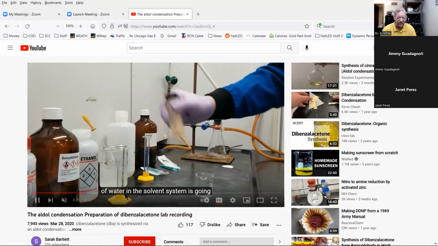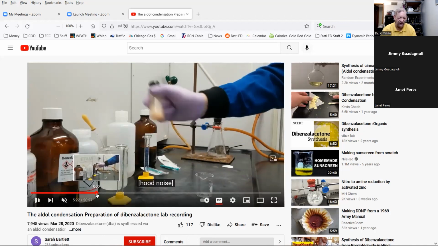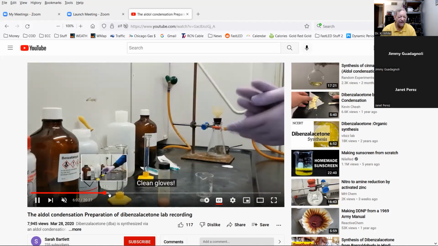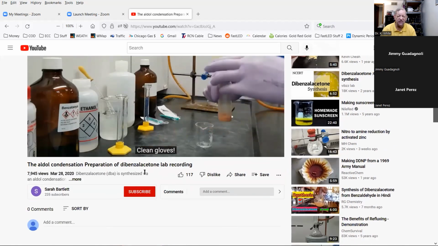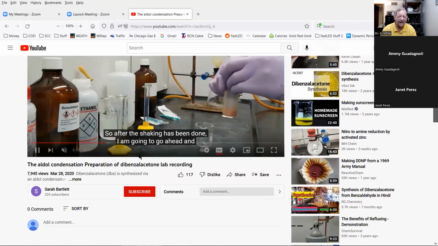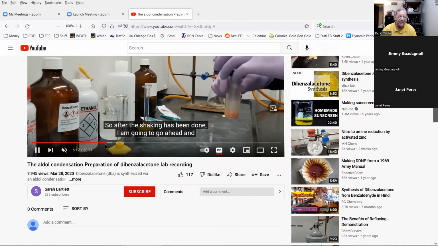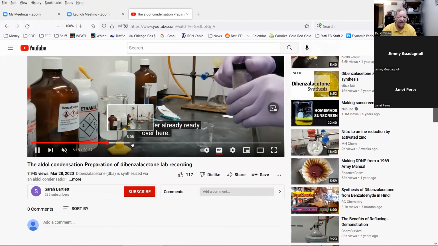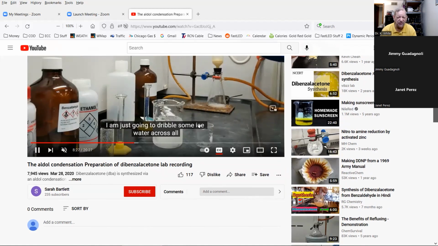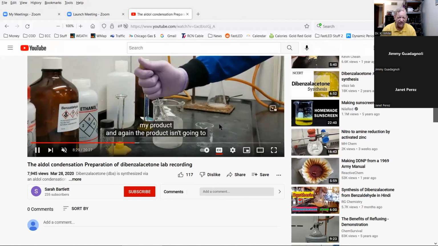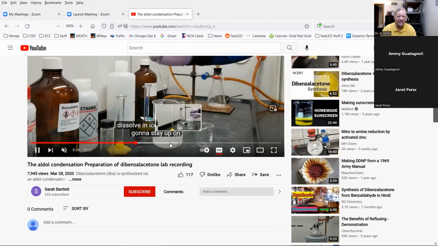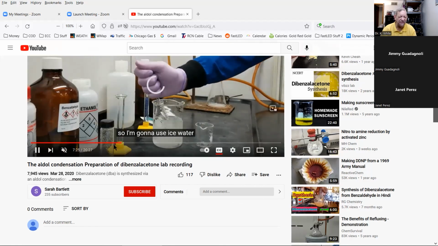We don't shake it like this. We swirl it in an Erlenmeyer. And if you look at this, you can see there's a solid in there. And then you cool it down in ice to help precipitate out any of the solid.